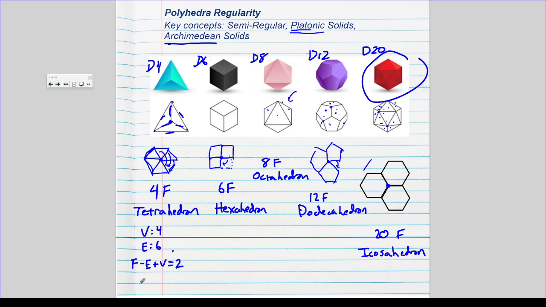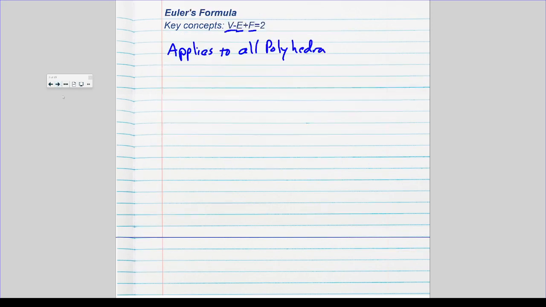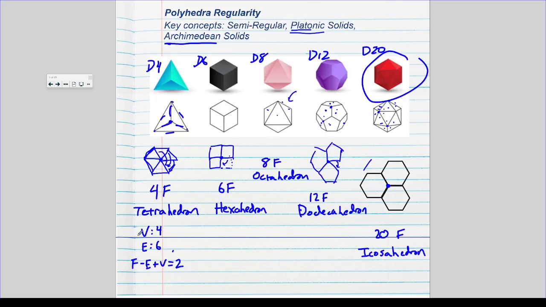I think I had the V and F the other way on the other slide. It doesn't matter as long as the edges are the one that is subtracting from the other two. The order really isn't important. Sometimes it's even written as F plus V equals E plus 2, so it doesn't really matter. So here we have 4 faces minus 6 edges plus 4 vertices is equal to 2.